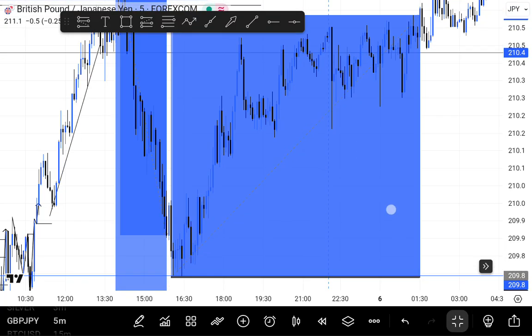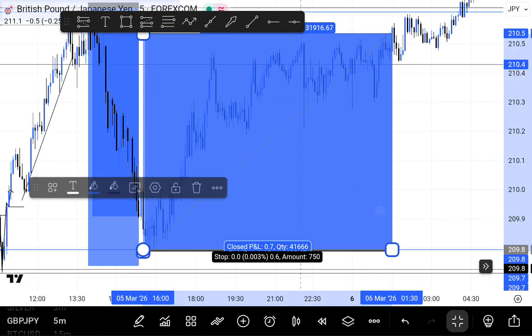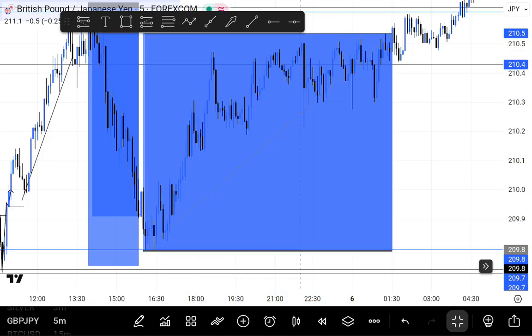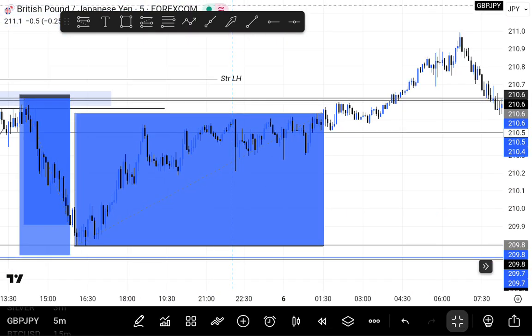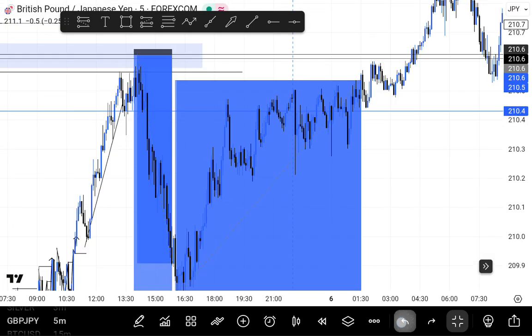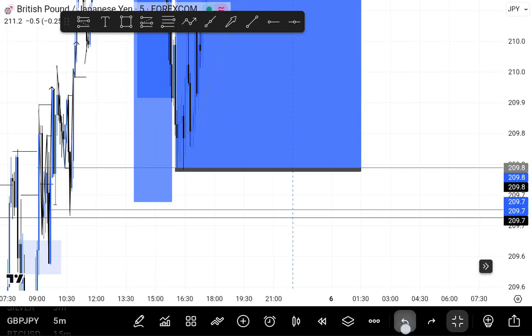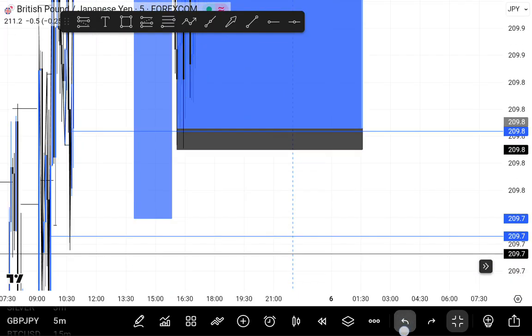Also I got this buy. So I got this buy from here. You can see, so I got this buy, the first sell, the first buy. That's why I put these 3 trades in one day.